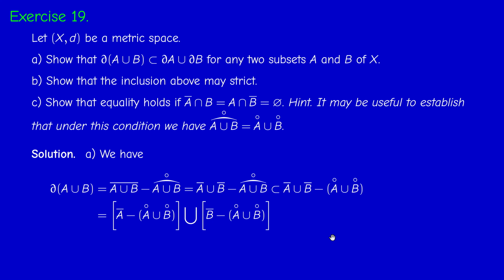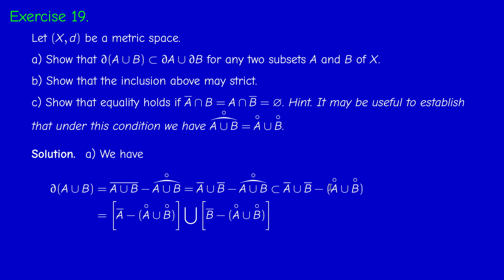Okay, and now I can rewrite this as A bar without the union of the interiors, union B bar without the same thing. This is just set theory, because an element is here if it's either in A bar or in B bar, but at any rate it's not here. So it's either in A bar and not here, or in B bar and not here. So if you like, we can write this as A bar union B bar intersected with the complement of this.